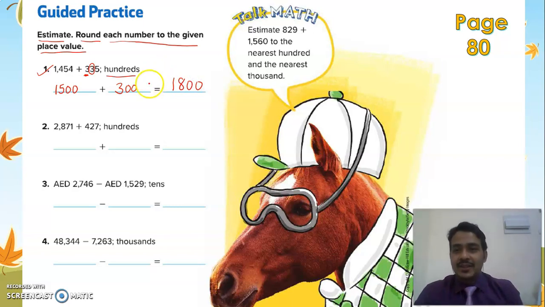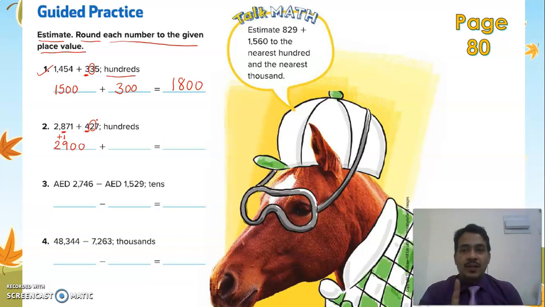So that we can do the plus at home, it's very easy. The next question, again hundreds place. Which number is in the hundreds place? 8. The number to the right is 7. If the number to the right is 7, we do +1 to the rounding number. So I do +1 to 8, and this becomes 2,900. For the next number, the rounding number is 4 and the number to the right is 2.